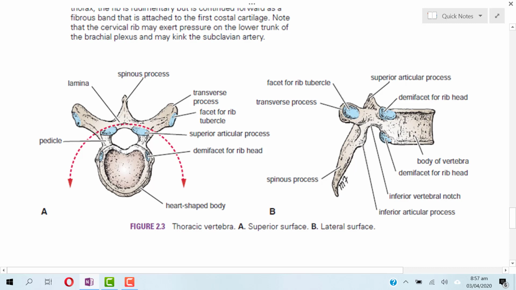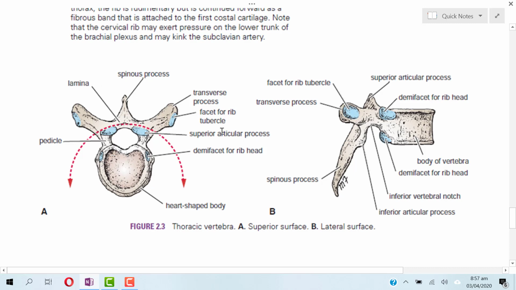Okay, so you have to take the vertebra in your hand and tell which one is the superior surface, which one is the inferior surface, which is the anterior end and which is the posterior end. Again, see the cursor which I am moving, this is the anterior end. Why is this anterior? Because the body is always anterior.